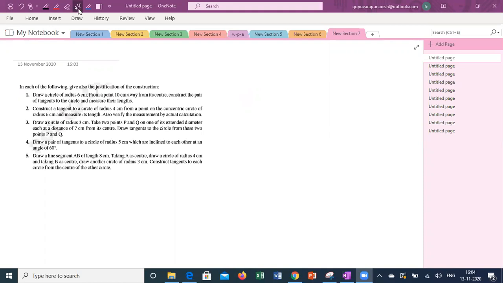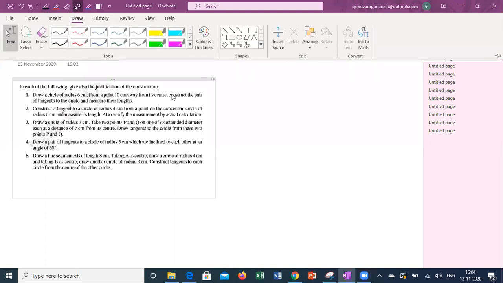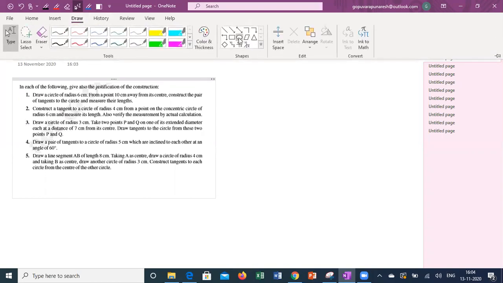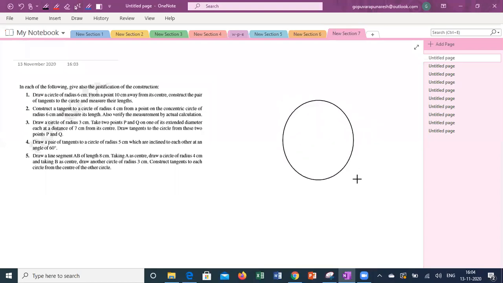Draw the third question. How to do the third question? Niranjan, explain and draw. Can you read out the question and let me know how to draw it? This is a circle of radius 3 centimeter. Take 2 points P and Q on one of its extended diameter, each at a distance of 7 centimeter from its center.